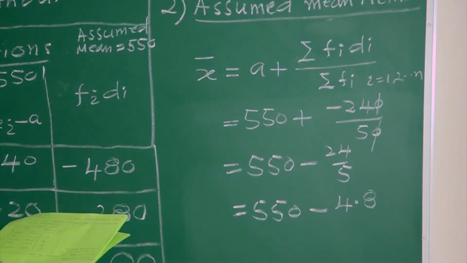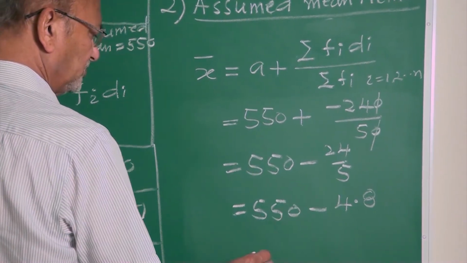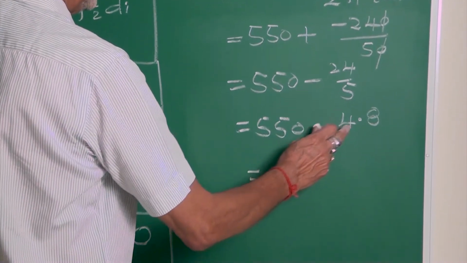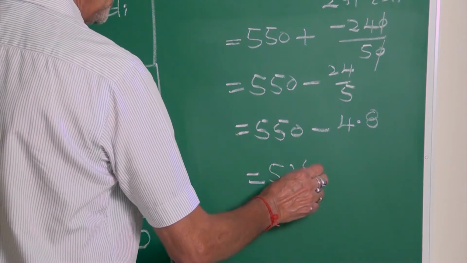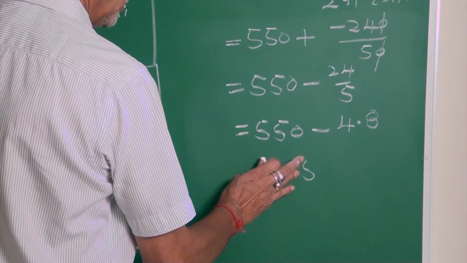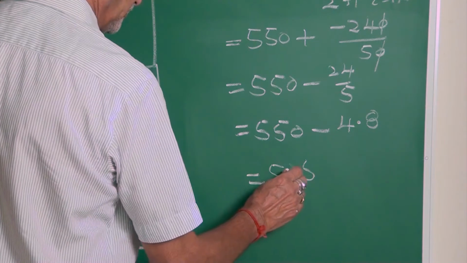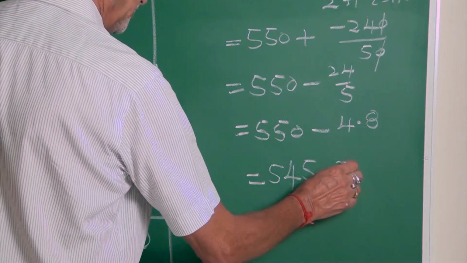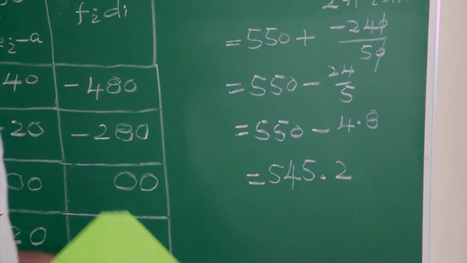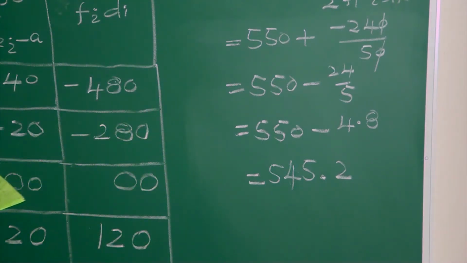If you simplify this, 550 minus 4.8 is 545.2, my friends. Therefore, what did you want?